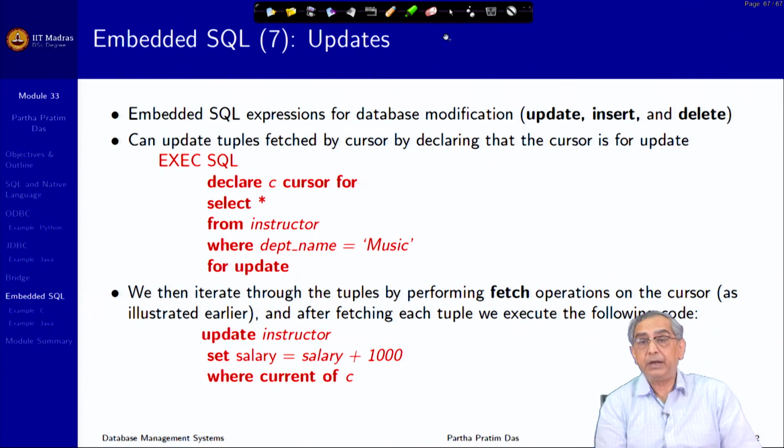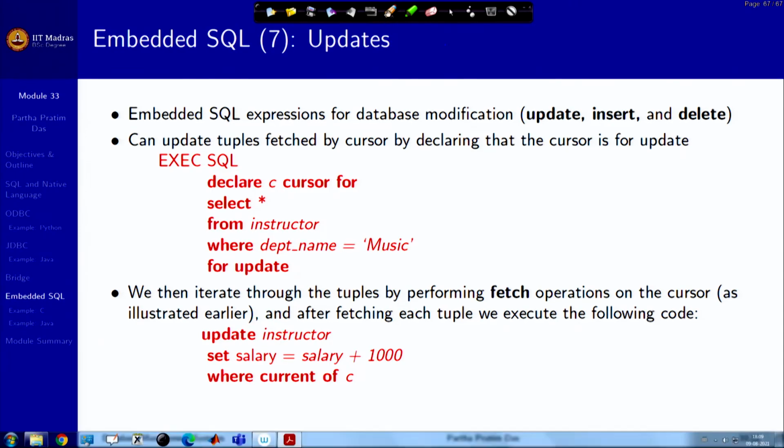So, you can do this for update as well. You can take a cursor for update and then update using that cursor. Here you are declaring a cursor, this is your query, you get the list of instructors, the cursor is for update.